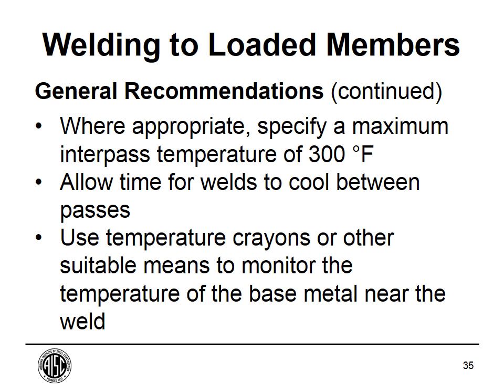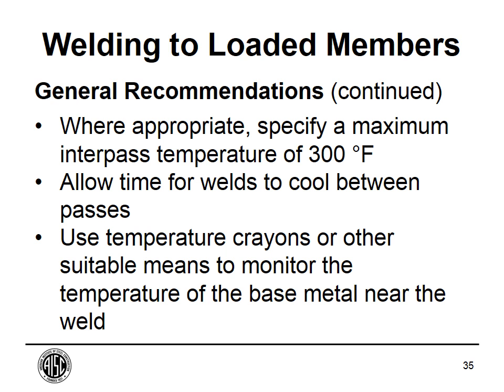Generally, the ones I've seen say 600 degrees Fahrenheit max interpass temperature. Now, the reason I say where appropriate on that bullet point is because if you're welding two 4-inch thick plates together, your minimum preheat is going to be 300. So you can't very well have a maximum interpass temperature of 300 also. You're going to have to go much higher than that.